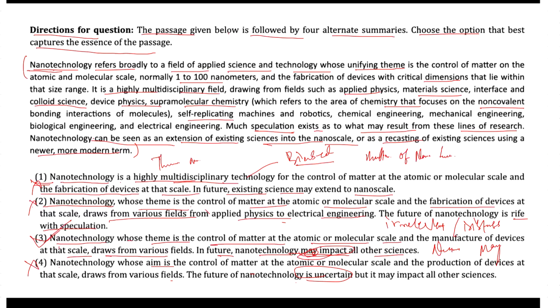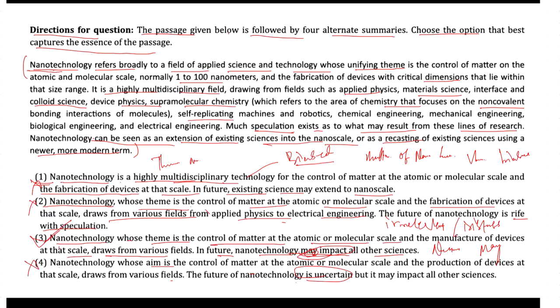And if you talk about the neutral tone it creates, this option maintains a neutral tone, avoiding biased statements, which you find in option one but won't find in option three, right? Avoiding biased statements or unnecessary speculation about the future of nanotechnology.